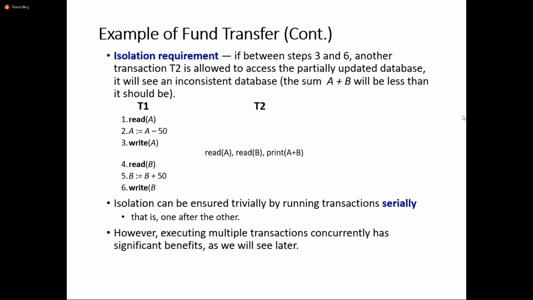Okay, even if consistency and atomicity properties are ensured for each transaction, consistency means the transaction completes successfully. Atomicity is when the transaction fails, it goes to the previous state.